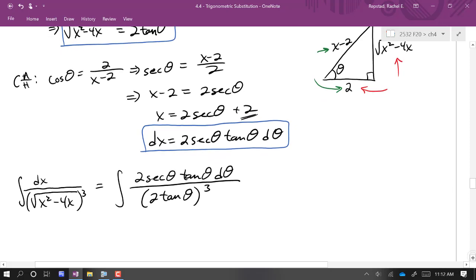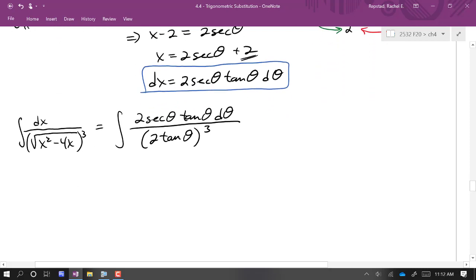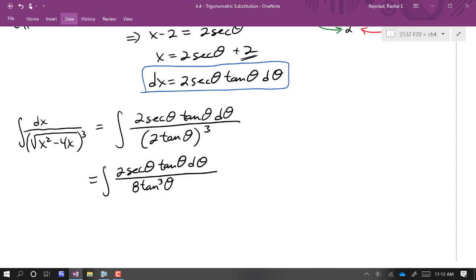I'm going to do a little bit of algebra to rewrite this to help us simplify. Cubing the bottom gives us 8 tan cubed. And now we can do some canceling.